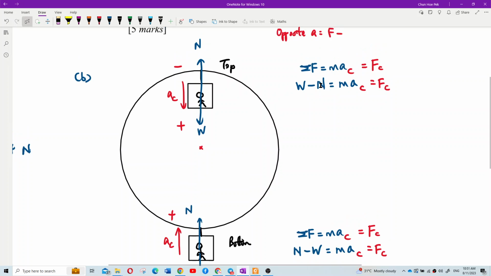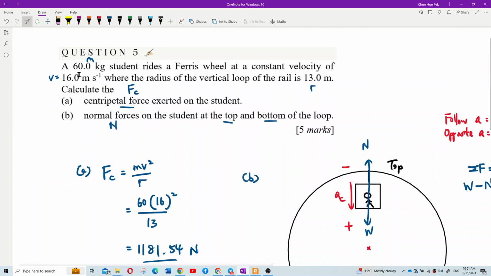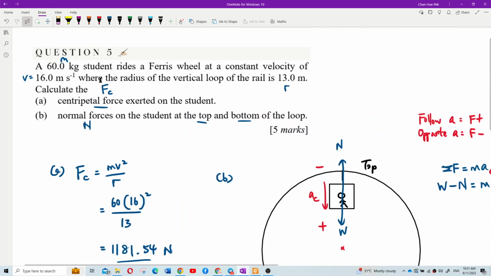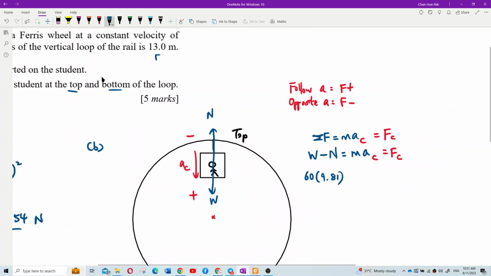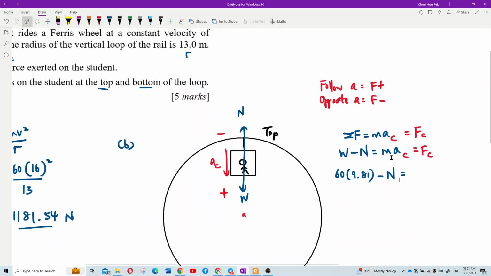So, continue. My mass is 60 kilograms. Put it down: 60 times gravity 9.81. So W minus N equals the centripetal force.